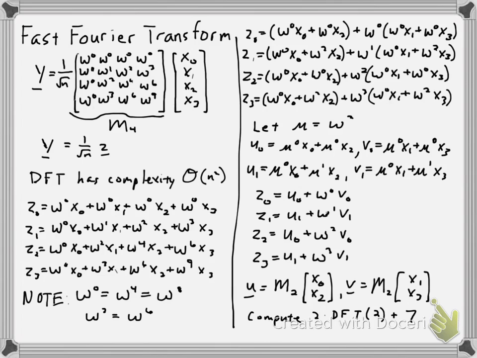Okay, we're going to compare this to doing a discrete Fourier transform of a 4 by 4. And in the notation, the DFT of 2 just means that you're doing the computations involved for a discrete Fourier transform of a 2 by 2 using the normal way.